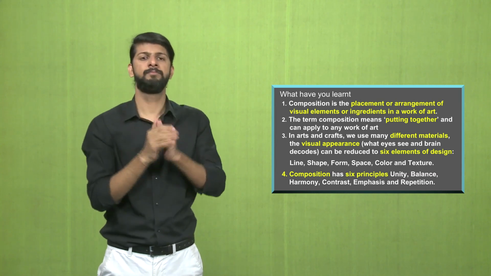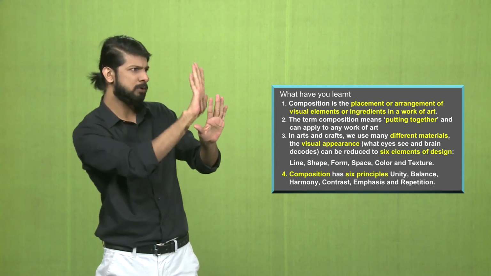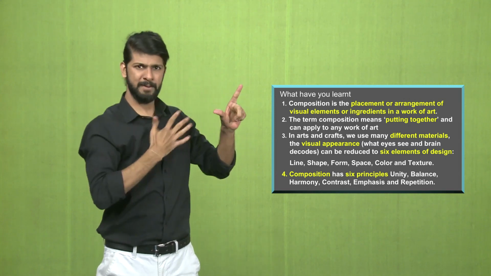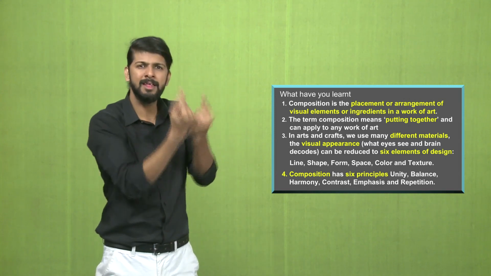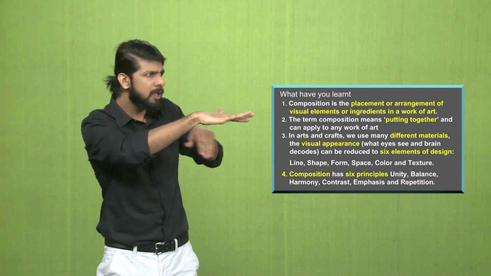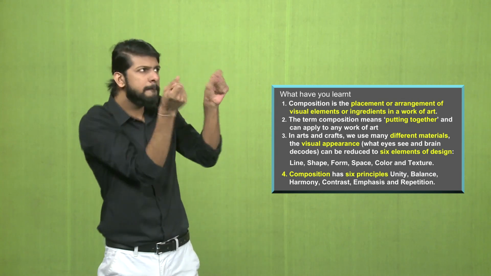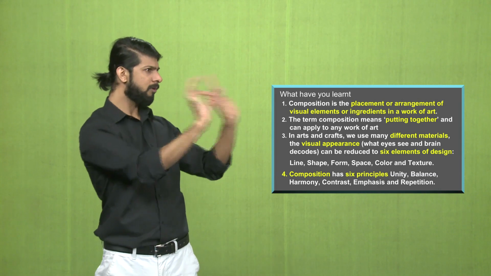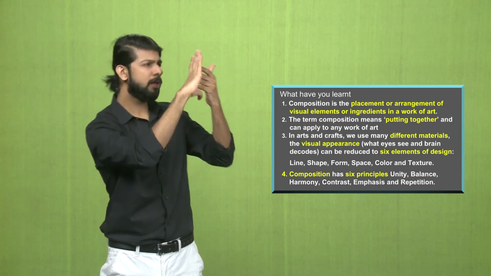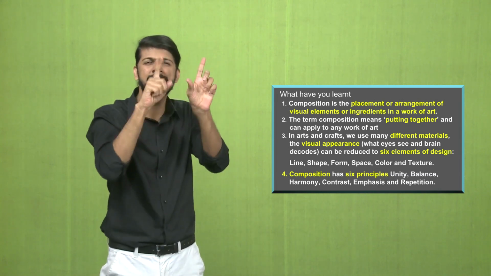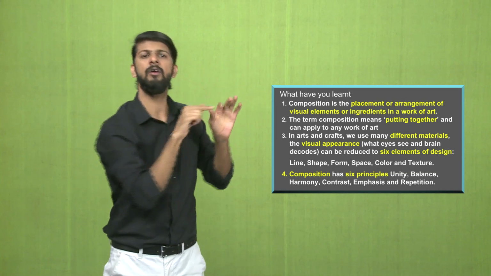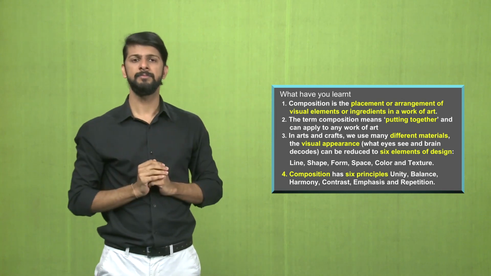Next is contrast. Now, the tree is green, the ground is brown, the sky is blue. There are different colors which are used, and if there is something dry or if there is depth which is being depicted, you have to use contrast.